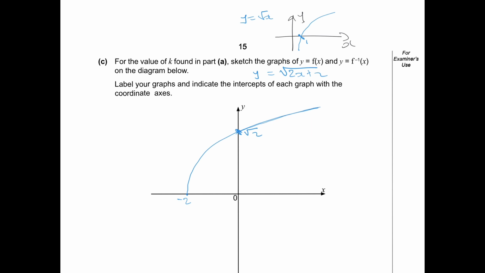Let me extend the graph going like that. So this here is for f of x, that is y is equal to f of x. Now, the graph of y is equal to f of x and the graph of the inverse are a reflection of each other in the line y is equal to x.